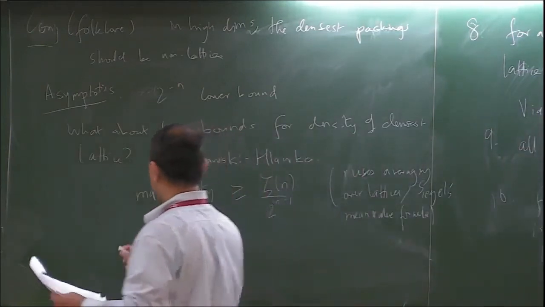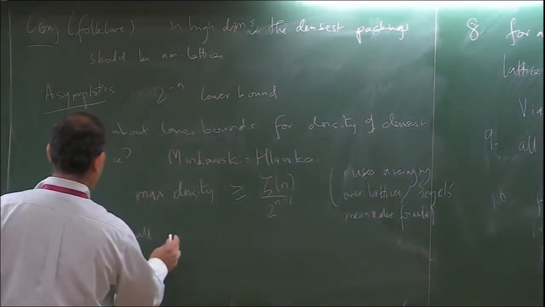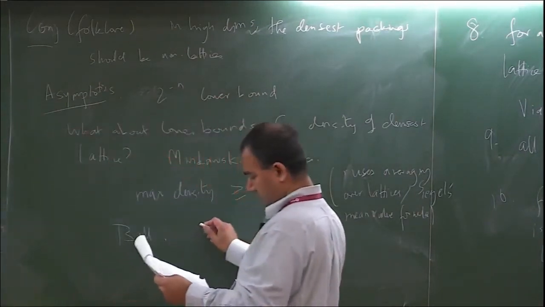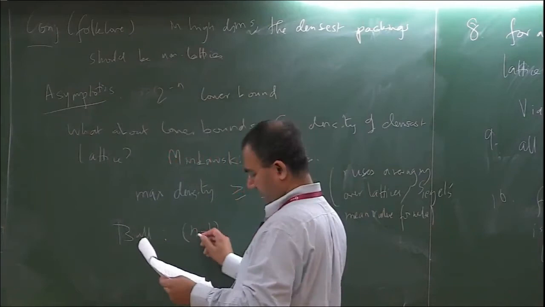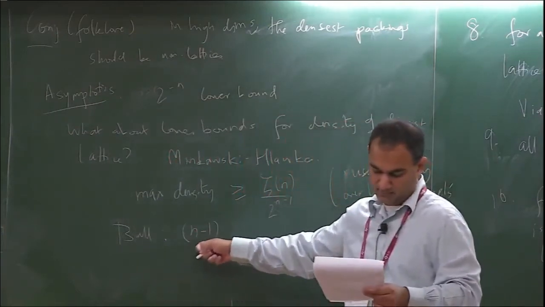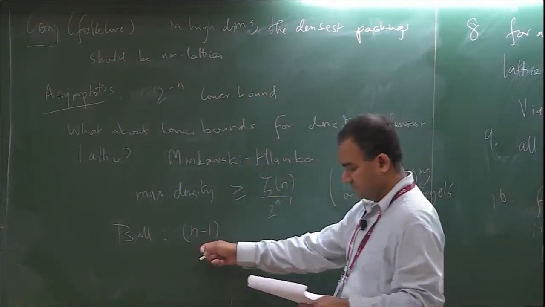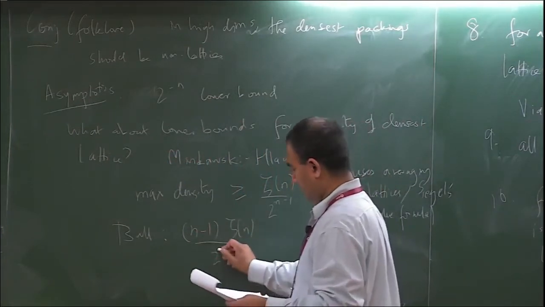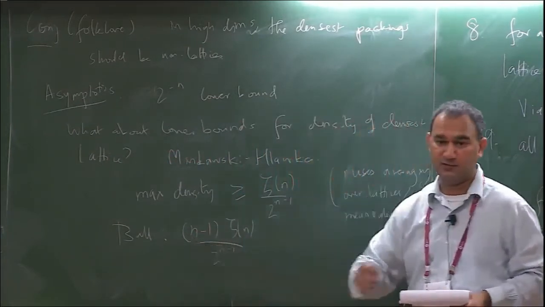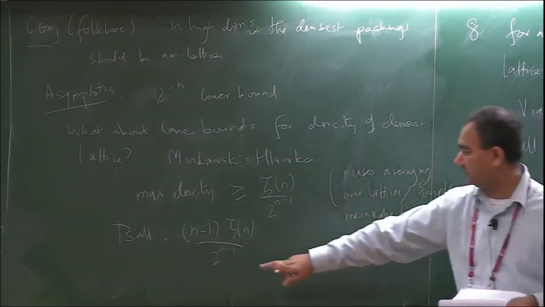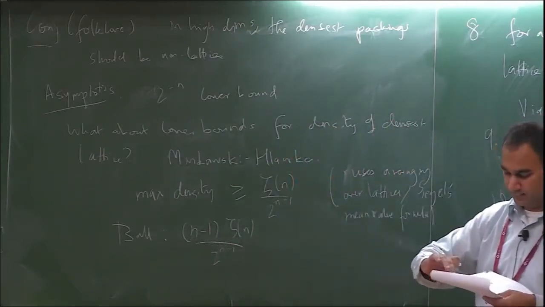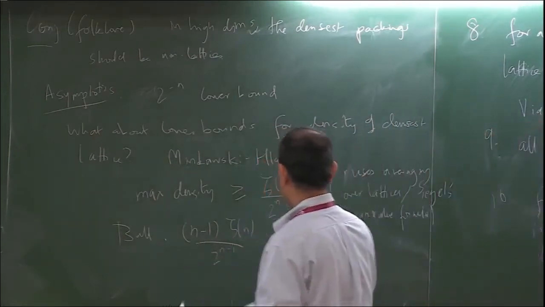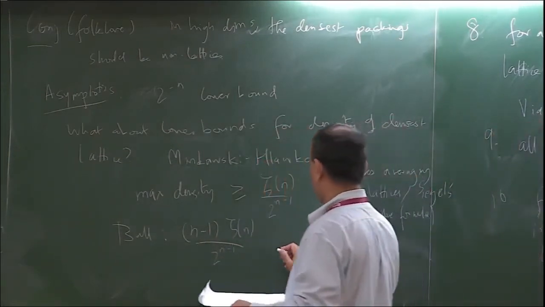Okay, so this was improved by Ball. Keith Ball had a result improving this to n minus 1 times zeta of n over 2 to the n minus 1. This was for a long time the best improvement. So it added a factor of n, not improving the asymptotic, but still. And then there were a few more improvements.